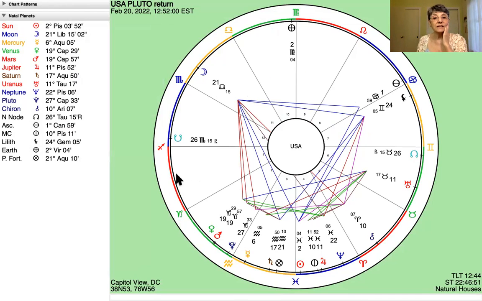So the ascendant was here at 12 degrees, right? And the ruler of the ascendant, Sagittarius, is Jupiter, right? And Jupiter is squaring the ascendant. See, it's 11°52, and the ascendant was 12°21.